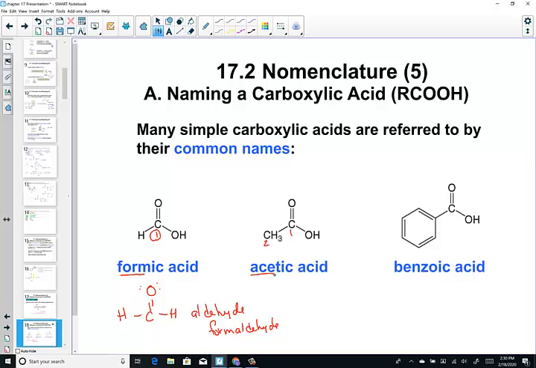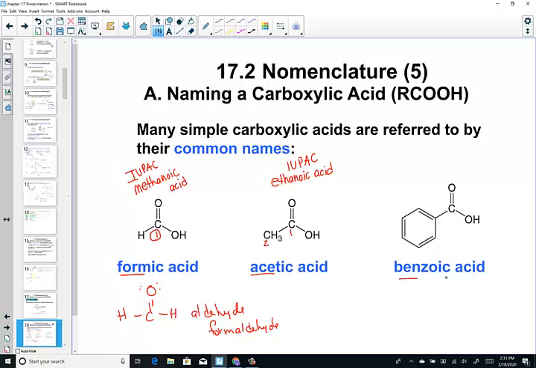Acetic acid. Now if we had a common name, acetic acid, it would also have an IUPAC name of ethanoic acid. This would have an IUPAC name of methanoic acid, 1 carbon, but it has a common name as well.